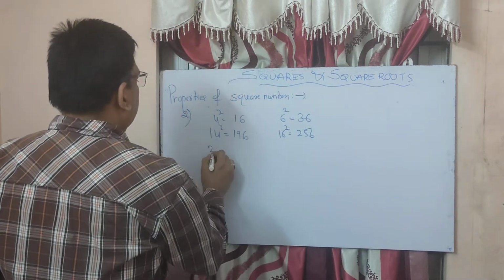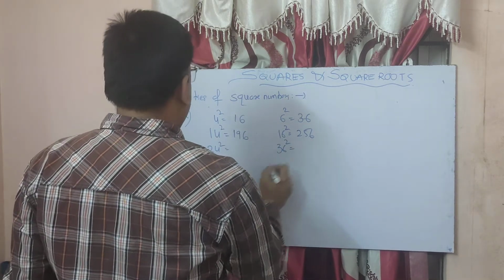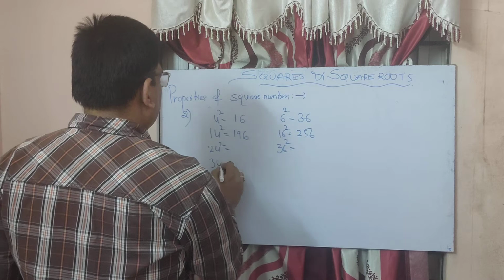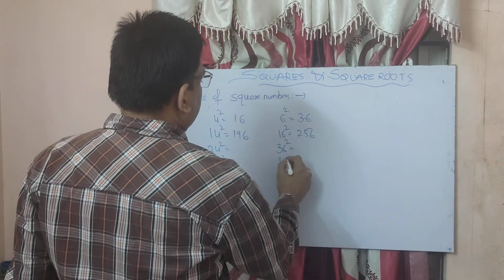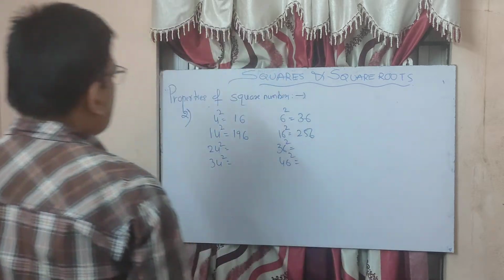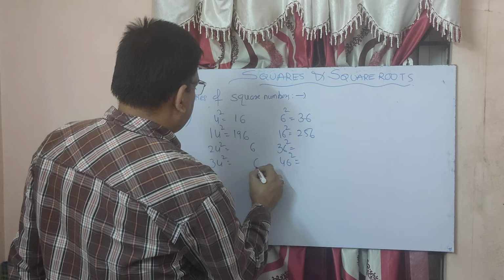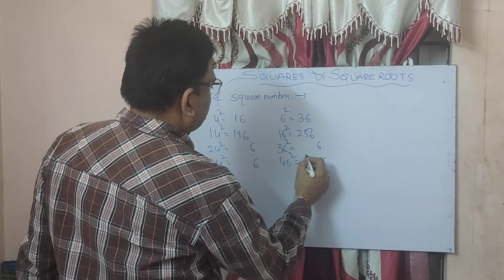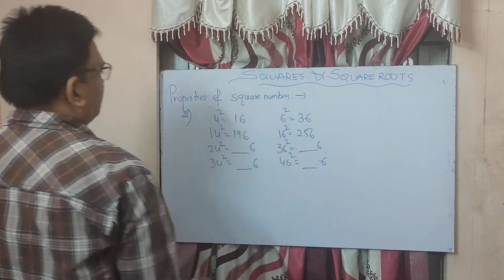Like that, 24 square, 36 square, 34 square, 46 square. See, if you go on doing it, the end number will be 6 only.